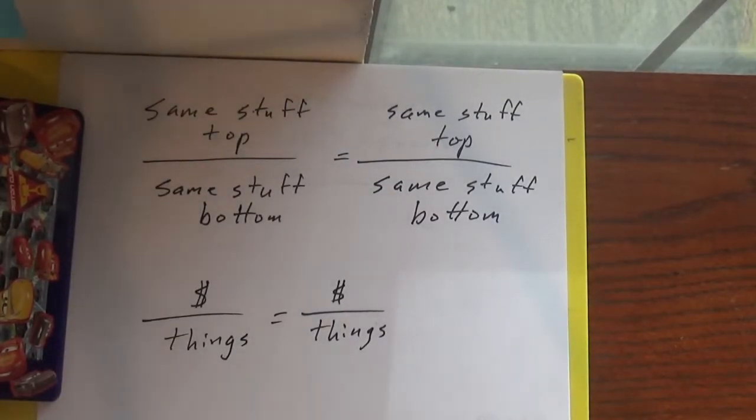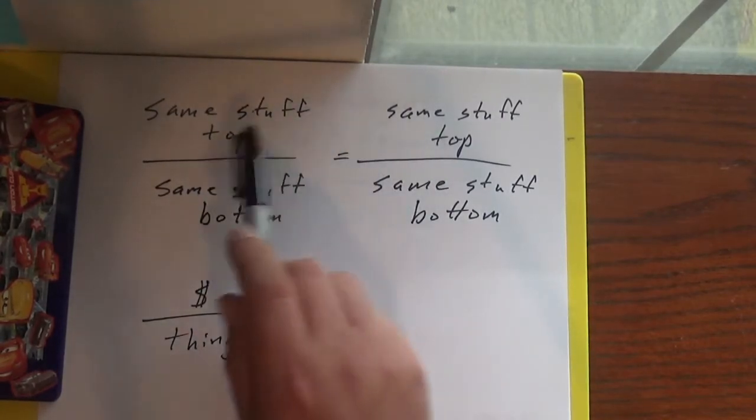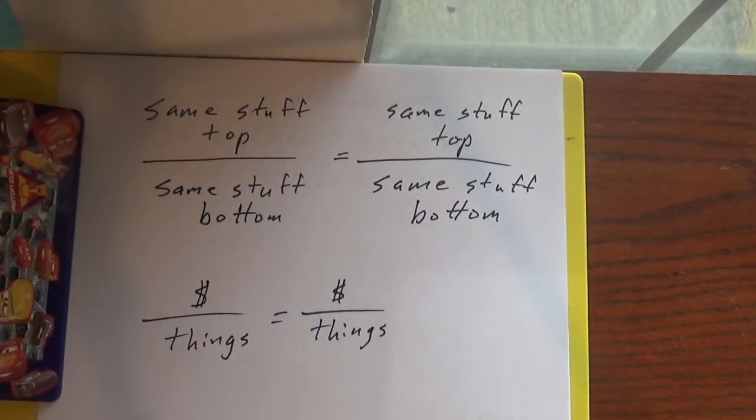one. Now, when we set these up, it is very important to remember that we need the same stuff on top, same stuff on bottom. It doesn't actually matter how we set it up, but we might as well set it up to be easier. So if I got dollars on top on this side, I need dollars on top on that side. Things on bottom here, things on bottom there.